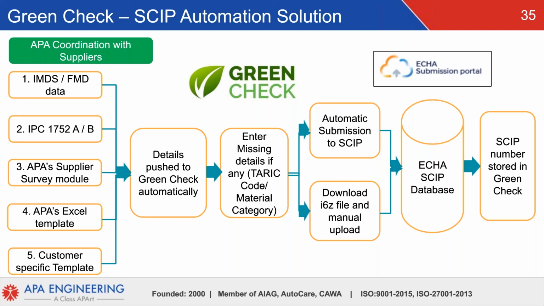For non-European suppliers or supply chain, they can download the .i6z files and share them with their customers. Finally, all the SCIP numbers will be stored in GreenCheck, and even the reports can be downloaded.